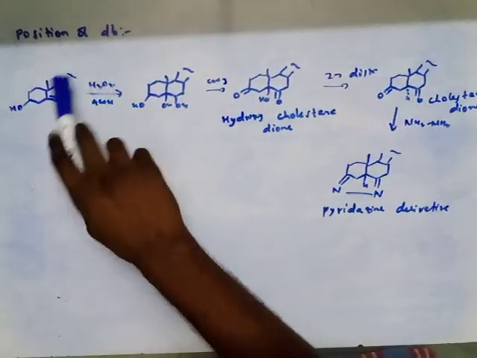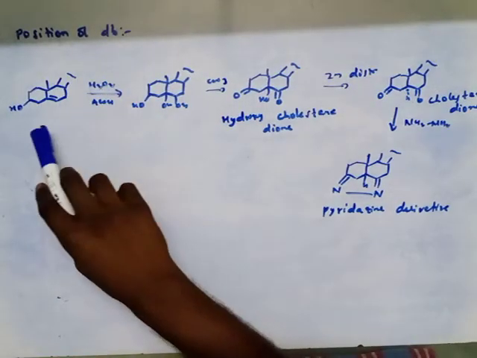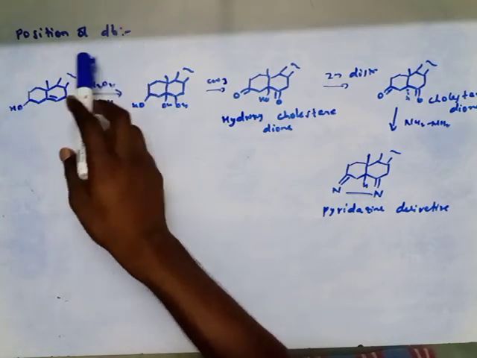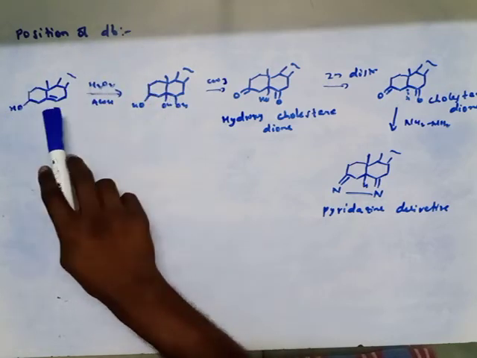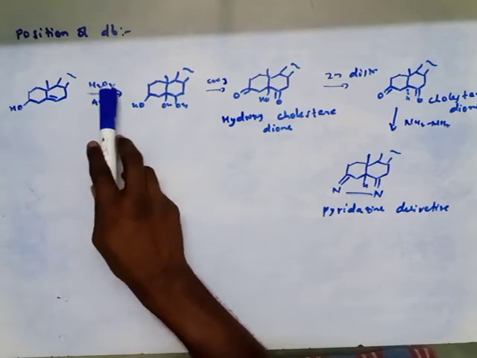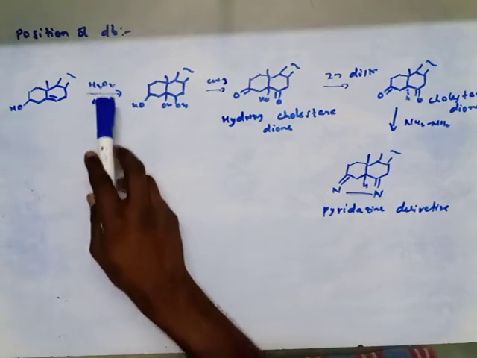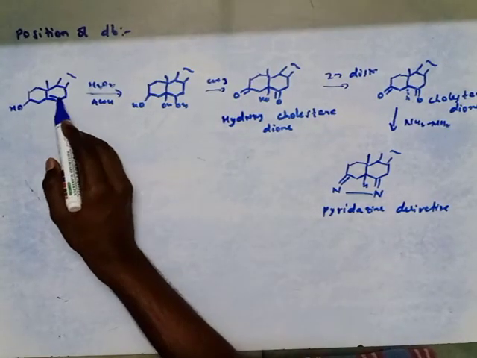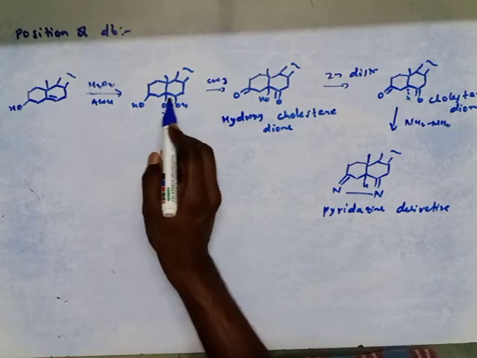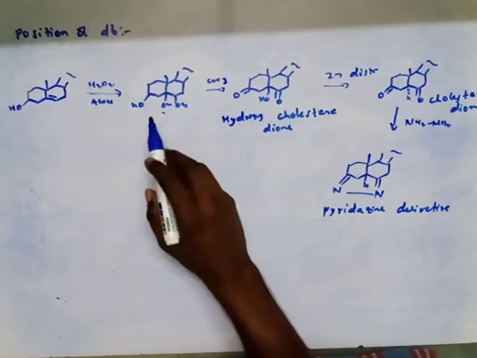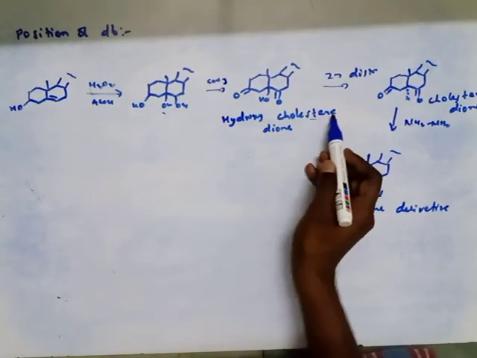Just now we discussed the position of the OH group. Now we are discussing the position of the double bond. This is the cholesterol structure, and it will be treated with H2O2 in the presence of acetic acid, which is also a dihydroxylation agent, to form two hydroxy groups in the place of the double bond. It will be treated with CrO3 to form hydroxycholesterol.